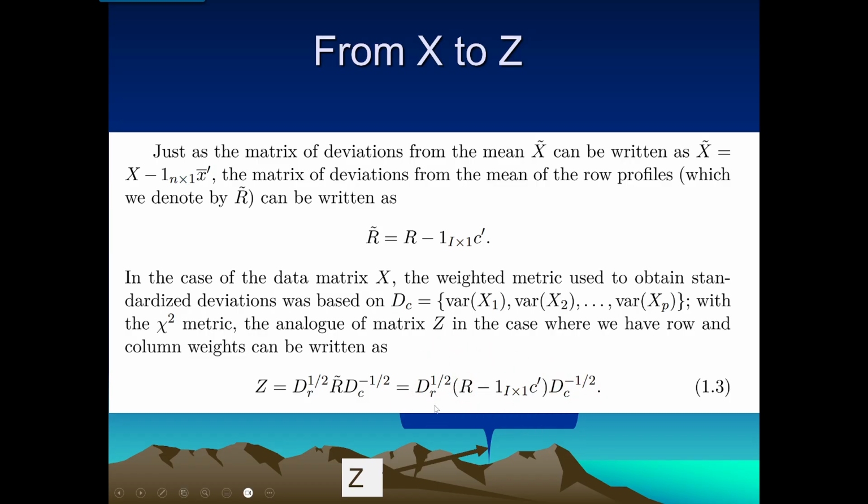So what is now here? What is the sum of squares of the elements of Z? In multivariate analysis, if you take the sum of squares of the elements of Z, divided by n minus 1 if you want, this is the total variance.